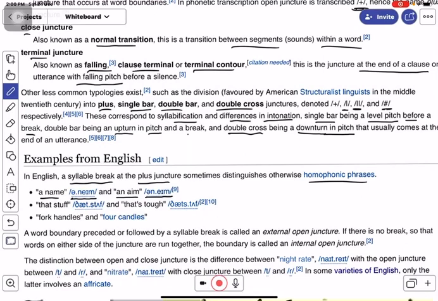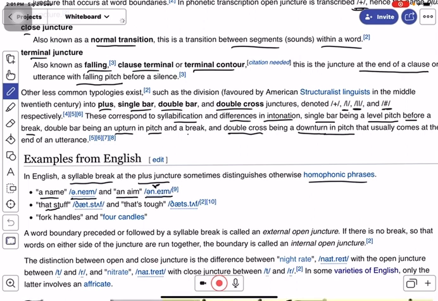The difference is in the position where the speaker would lay the stress. A name, an aim. They do sound alike, but that is how the listener realizes the difference.